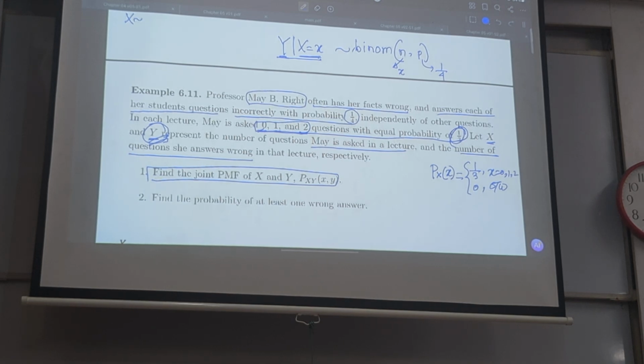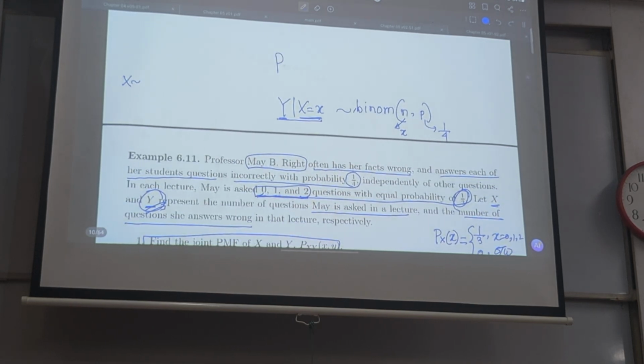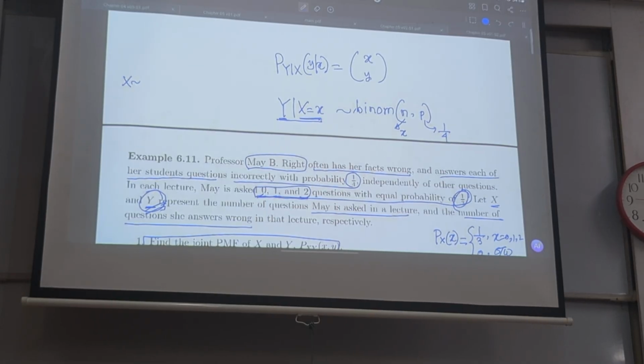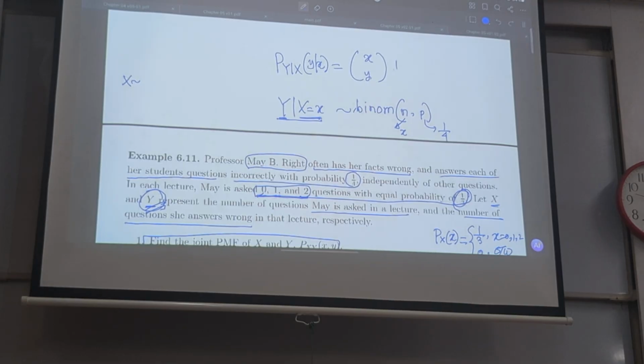So if we write the PMF here, given X, it will be X choose y, 1 over 4 to the power y, 3 over 4 to the power X minus y.